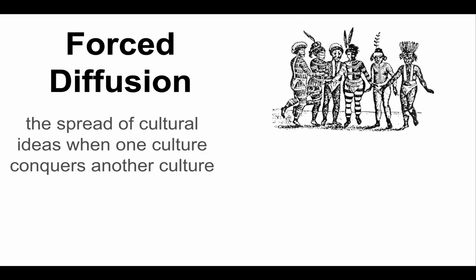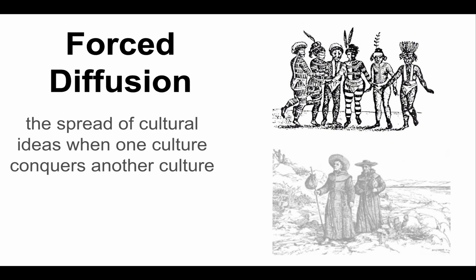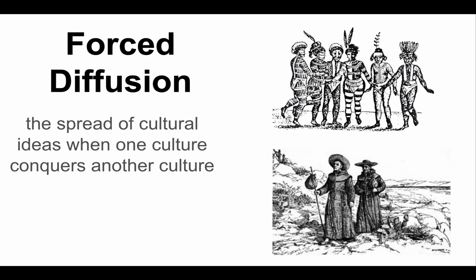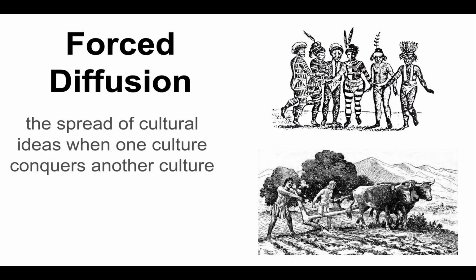Let's take into consideration the people who lived here in California just 500 years ago, who had been here for tens of thousands of years, living in somewhat peaceful existence. They were not warrior cultures, but when the Europeans arrived, missionaries, Spanish missionaries, were intent on spreading their religion, bringing their culture to these Native Americans.